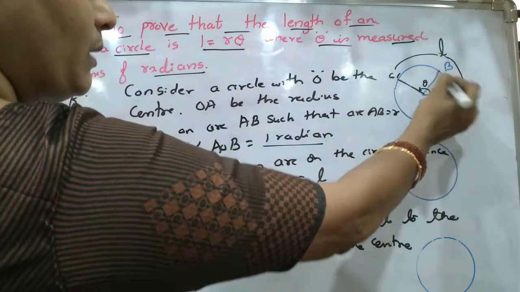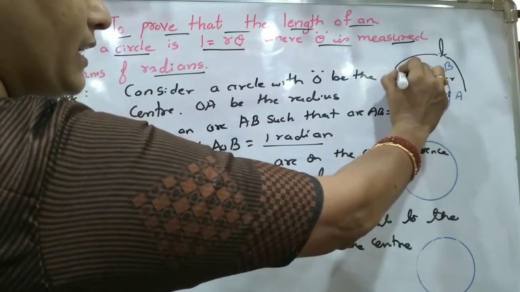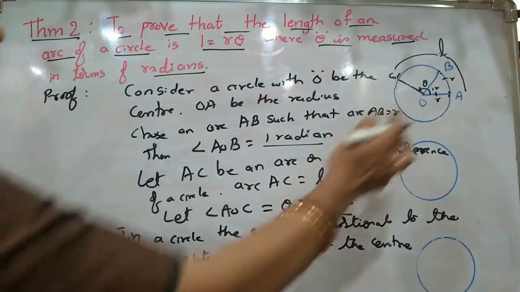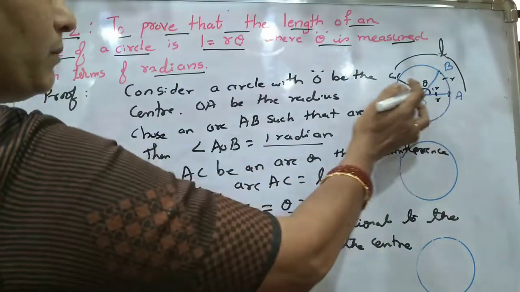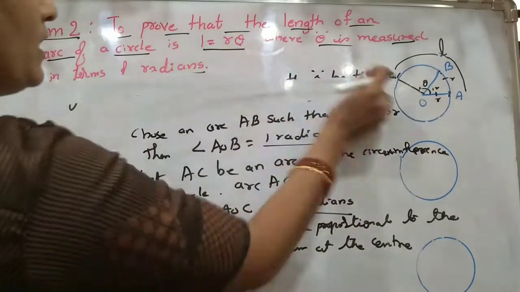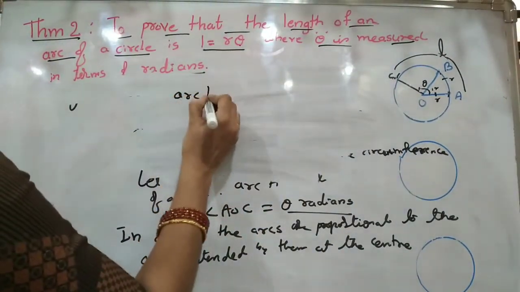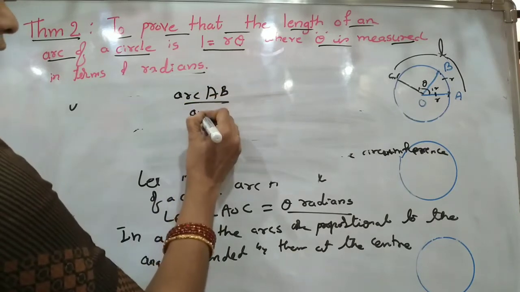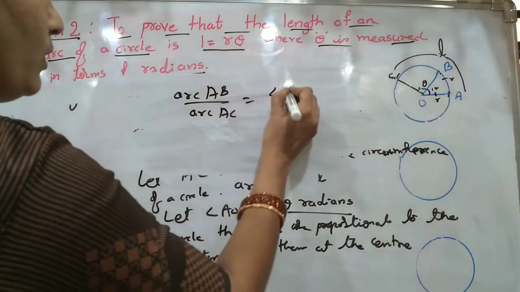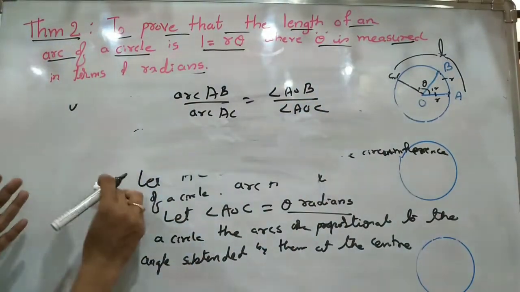One is arc AB, the other one is arc AC. Arc AB divided by arc AC is equal to angle AOB divided by angle AOC. So I write here arc AB divided by arc AC is equal to angle AOB divided by angle AOC.